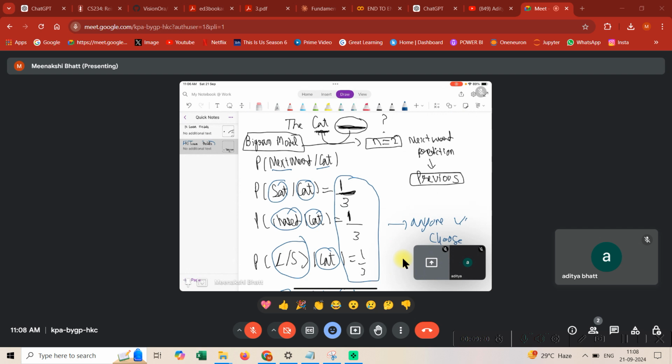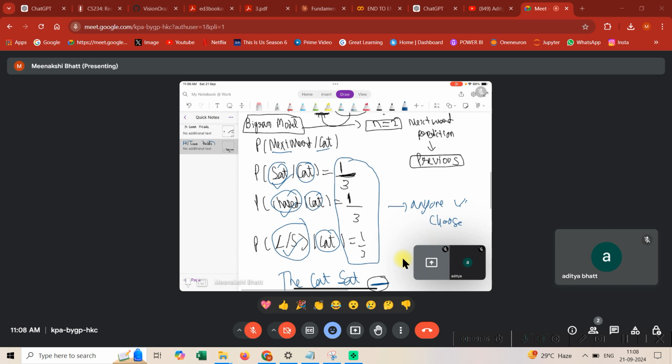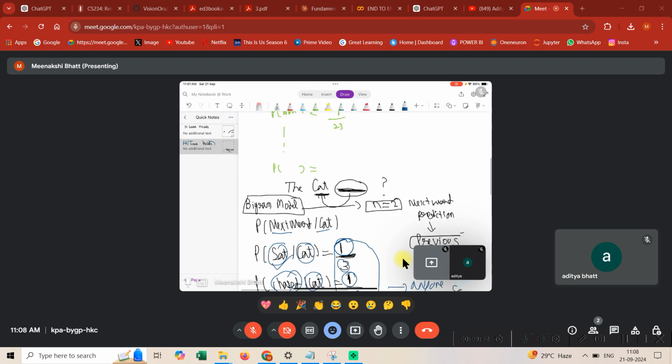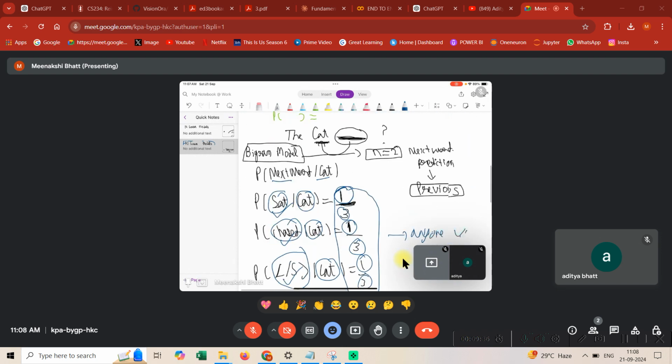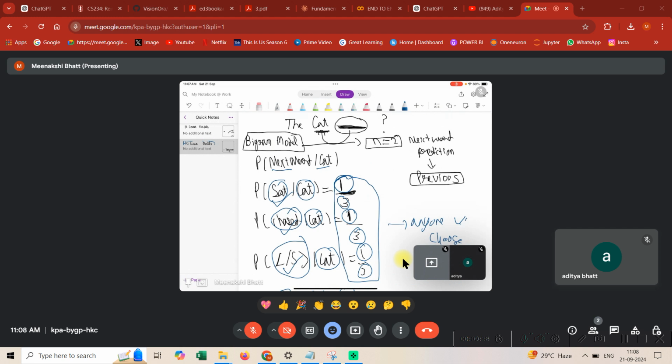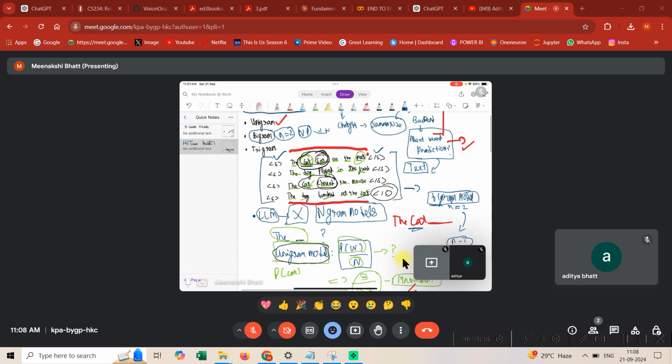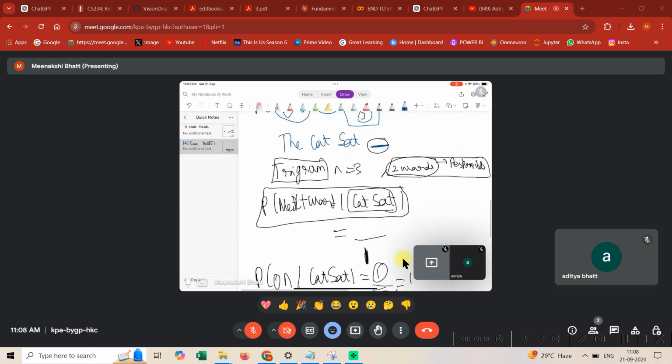We looked at the words which come after cat in our data set: sat comes, chased comes, and the end of sentence token comes, and then we compute the probabilities. Let's say you had one more sentence, the cat sat on the water. Then the numerator for sat after cat would become 2, because of the occurrence of another sentence in the corpus which has sat after cat.